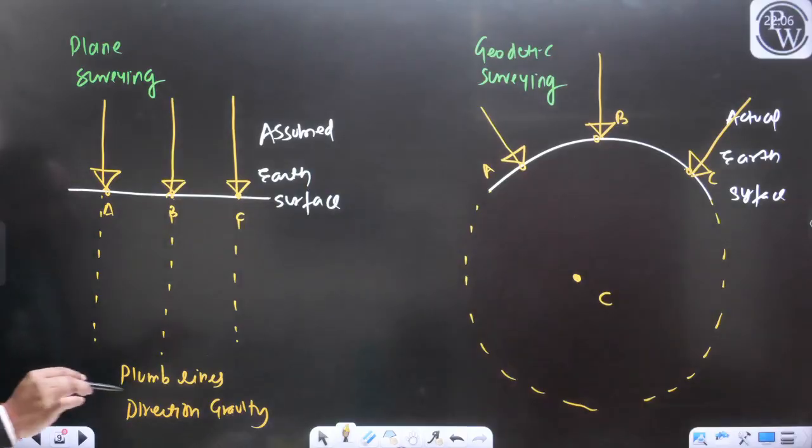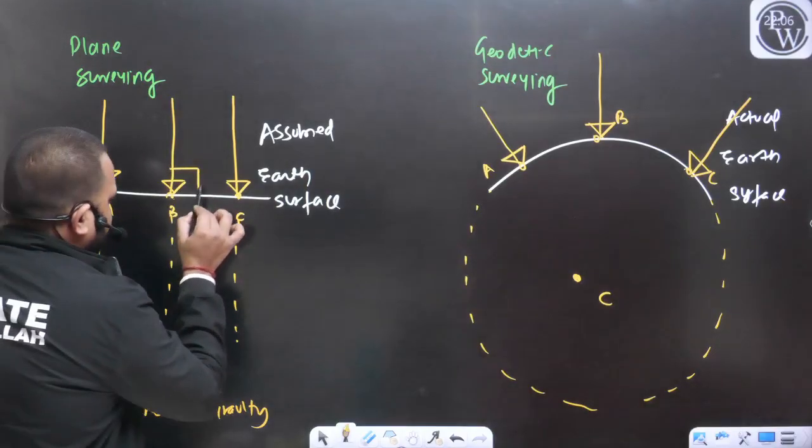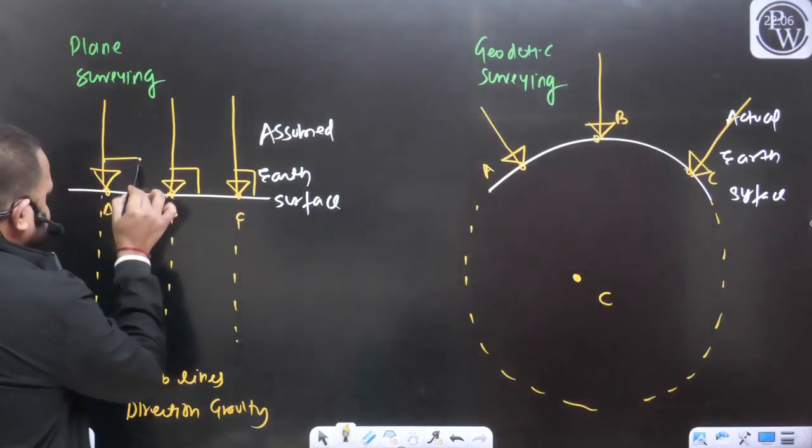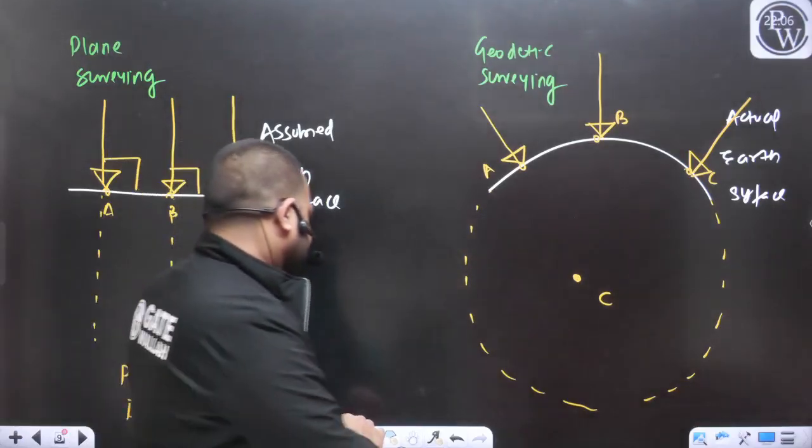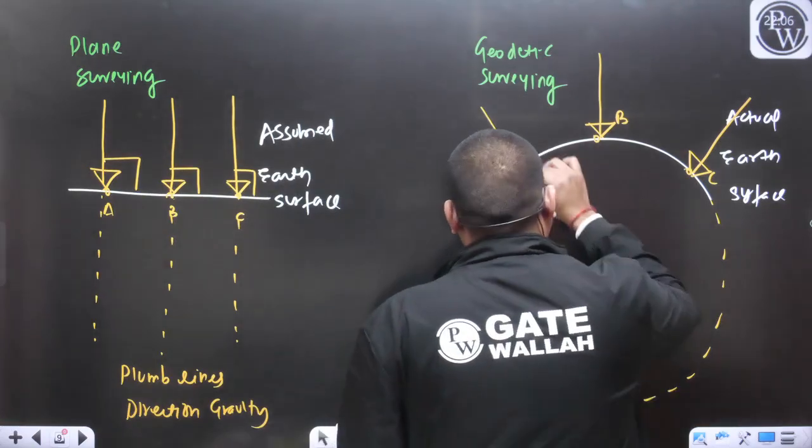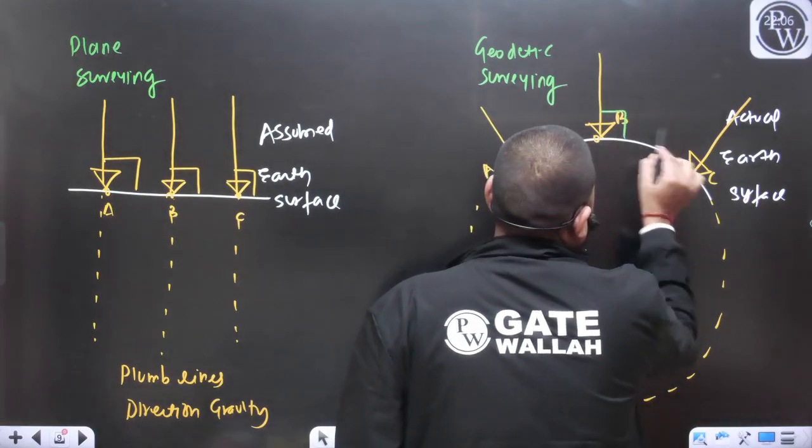Because plumb lines are always going to be perpendicular to the surface. Yes or no?